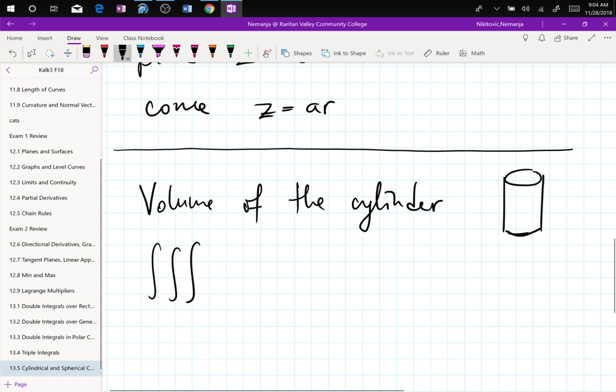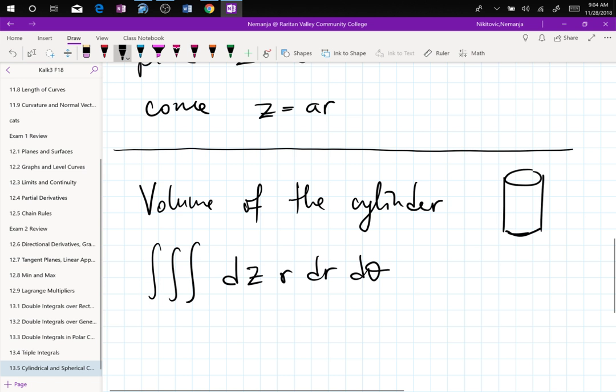Now, what you have to remember here is the string that always stays the way it is. So we have dz, r, dr, d theta. This is the string. Note this r. That's from the polar coordinates r.